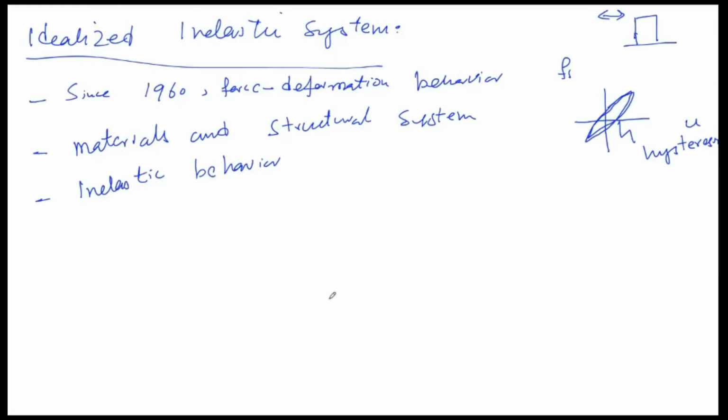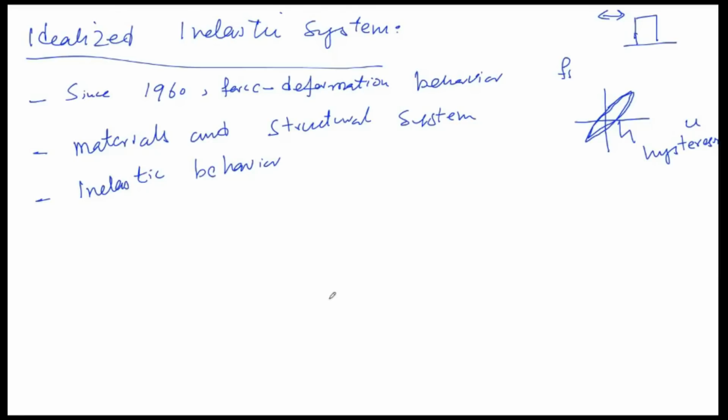Idealized versions of these force deformation relations, which are appropriate for the structure material and structure system, have been used in many computer simulations when you are looking at the earthquake response of the single degree of freedom system. So in many computer programs, the idealized behavior of various structure systems is already known to us.